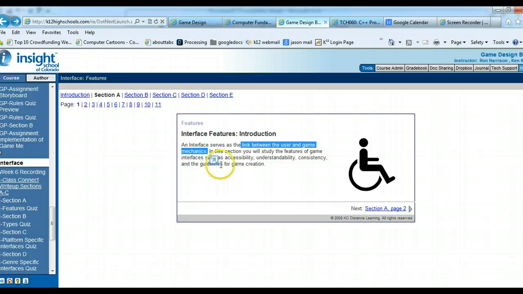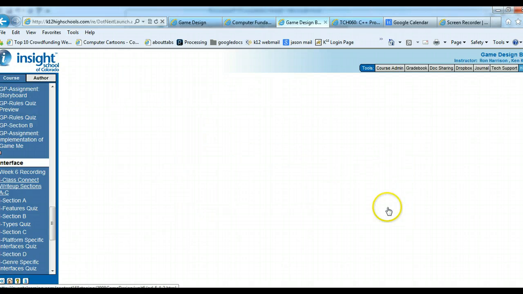And the 3 main things about interface are accessibility, understandability, and consistency. Those are the 3 things to keep in mind, and we'll study more of those further as we move along in this section. So that's the answer to that Class Connect write-up question.